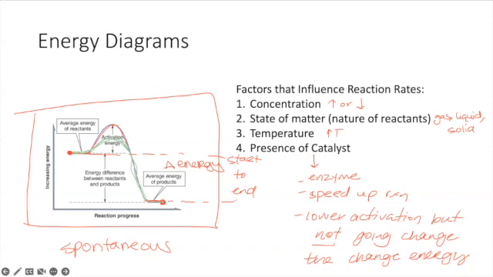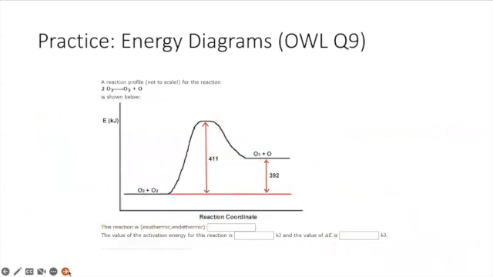So let's look at your OWL question 9, which is deciphering these energy diagrams. Here we're shown the energy diagram of a reaction, 2O2 yields O3 plus O. And so we're starting here and ending here.